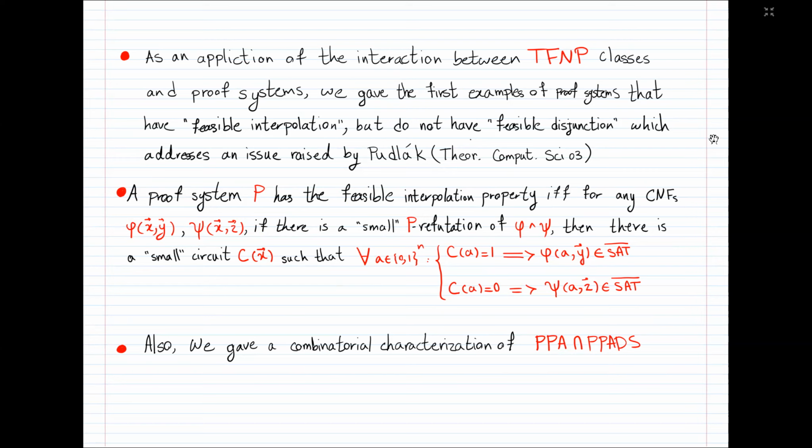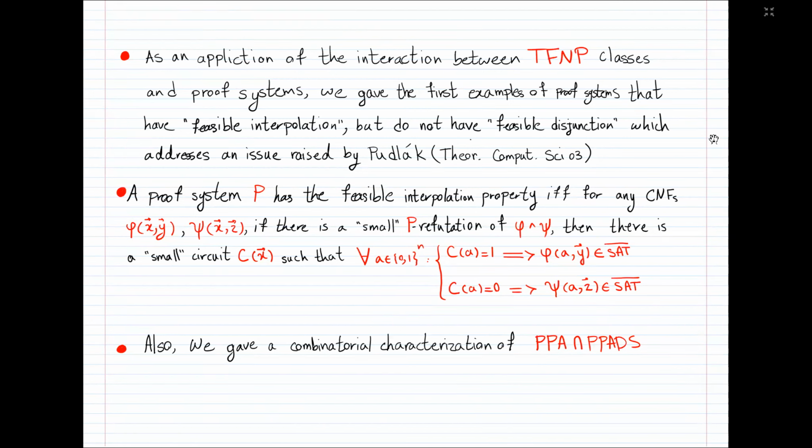A proof system P has the feasible interpolation property if for any two CNFs phi over variables x and y and psi over variables x and z, where x is the only shared variables and y and z are different, if there is a small P refutation of phi and psi, then there is a small circuit C over only the x variables, such that for any assignment to x, C can decide whether phi(x,y) is an unsatisfiable CNF or psi(x,z) is an unsatisfiable CNF.